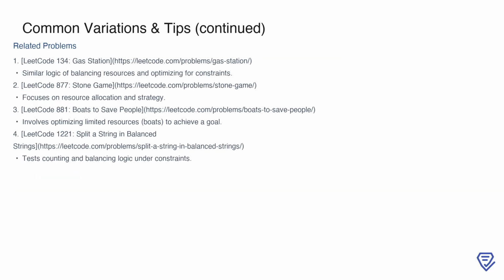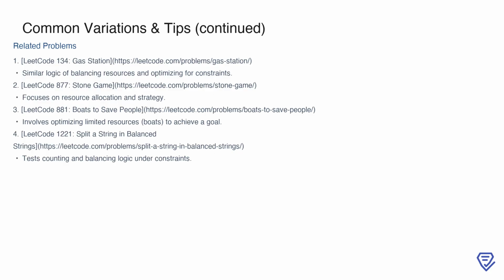This problem also has connections to other related problems that test similar concepts. For instance, LeetCode 134, Gas Station, involves balancing resources and optimizing under constraints, much like the water bottle exchanges. Another example is LeetCode 877, Stone Game, which focuses on strategic resource allocation.